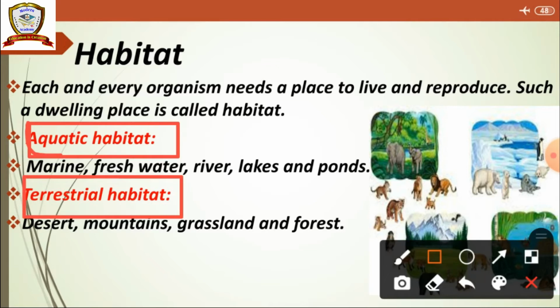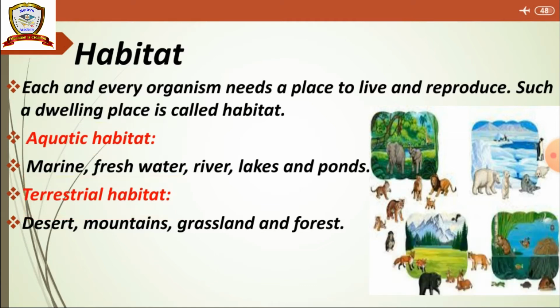In the aquatic habitat we can see marine water habitat, fresh water habitat, rivers, lakes, ponds. These are the different habitats. What do you mean by habitat? It is a place to live and reproduce.